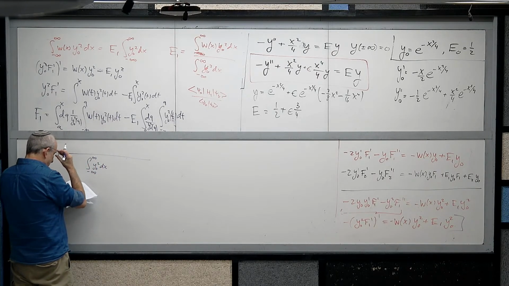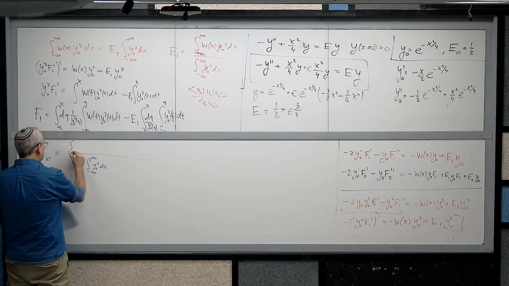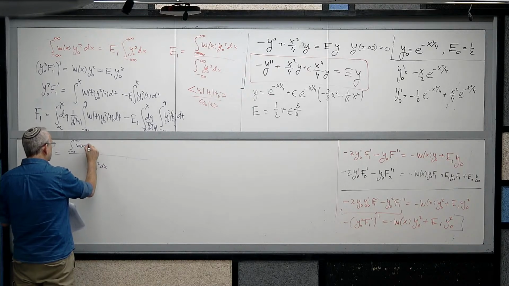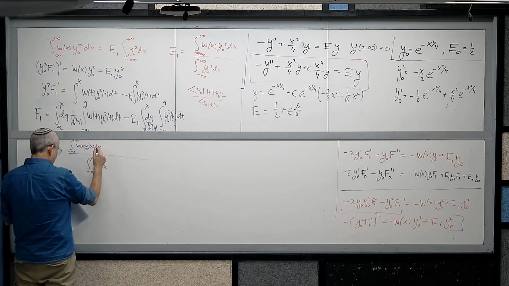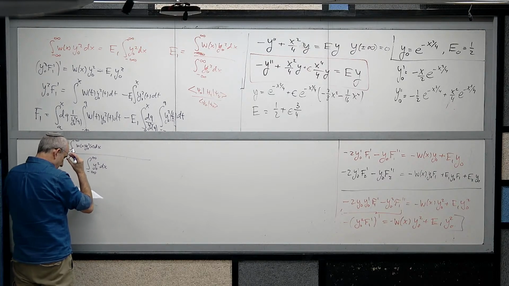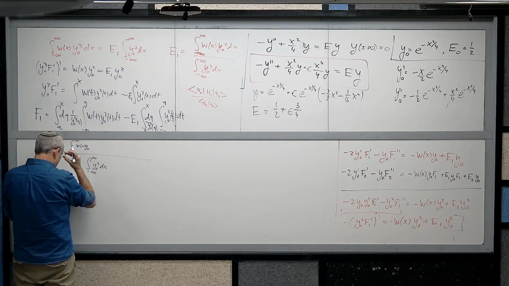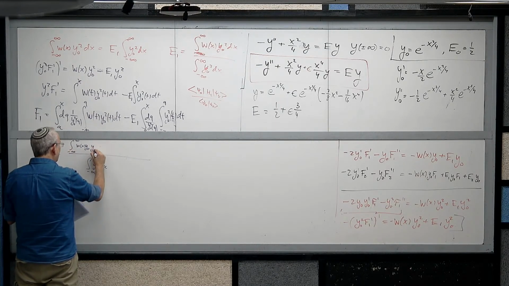And what I have here is the integral from minus infinity to infinity of w of x y naught of x dx. No, it's not y naught squared. It's y naught times y of n minus 1 of x.